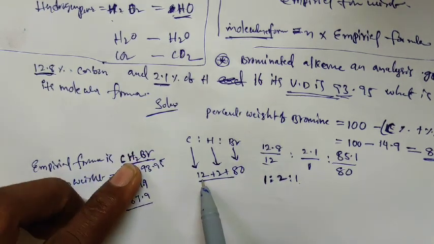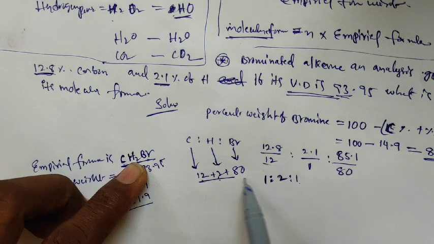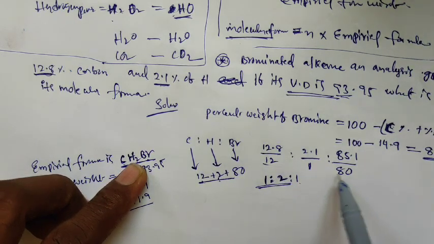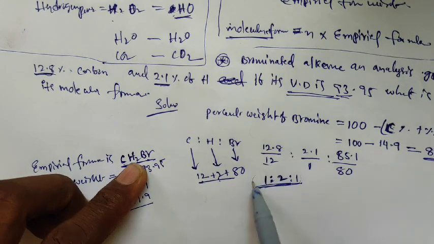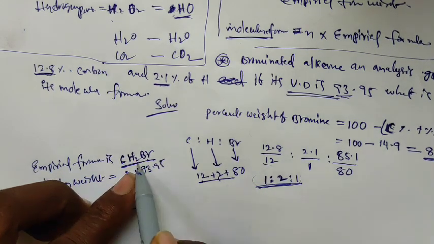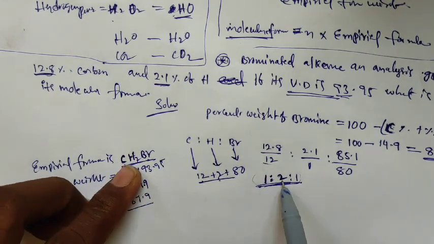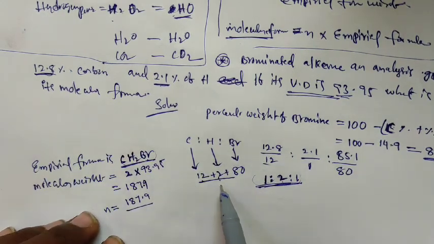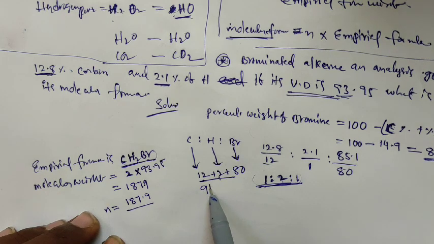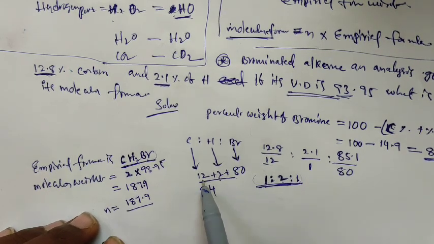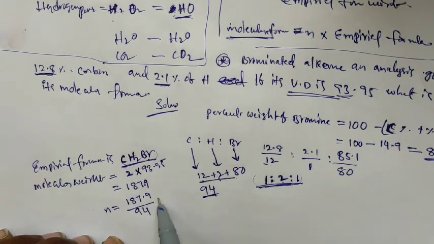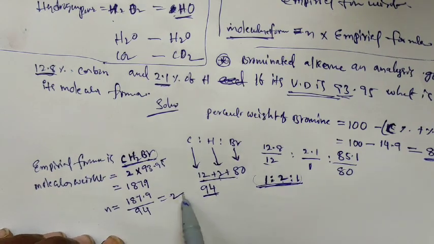C means 12 grams, H2 means 2 grams, bromine 80, weight by its atomic weights. So weight of this empirical formula is 80 plus 14, 94. So 187.9 by 94, n we will get 2.